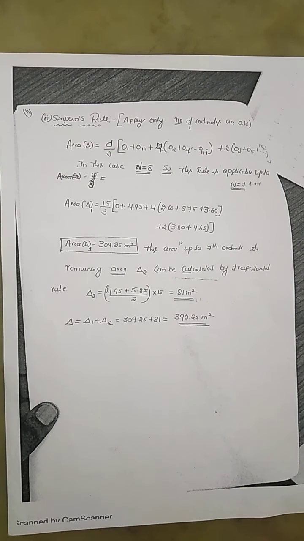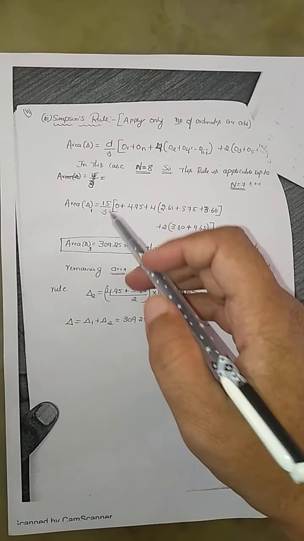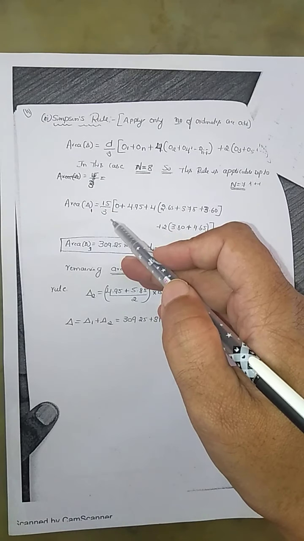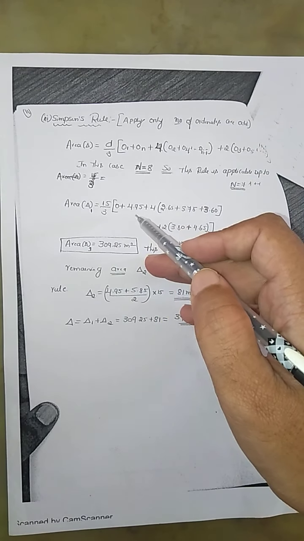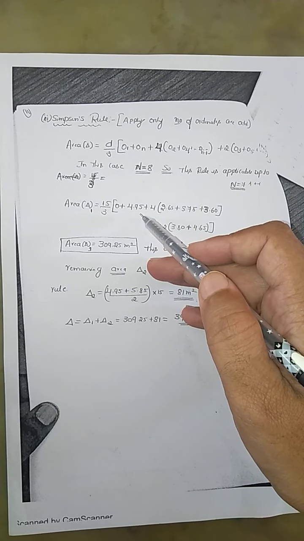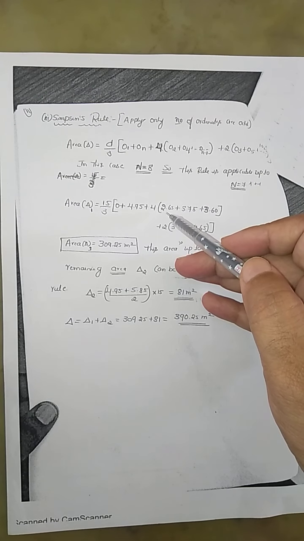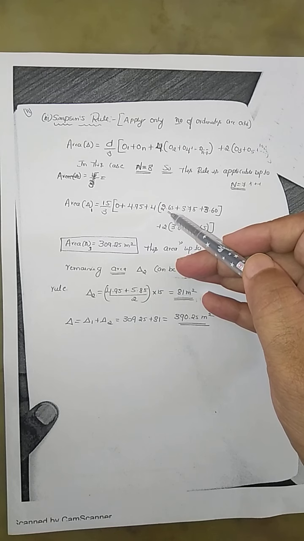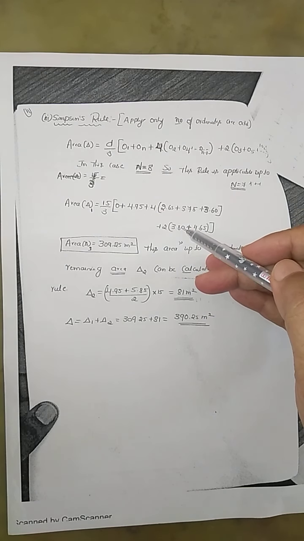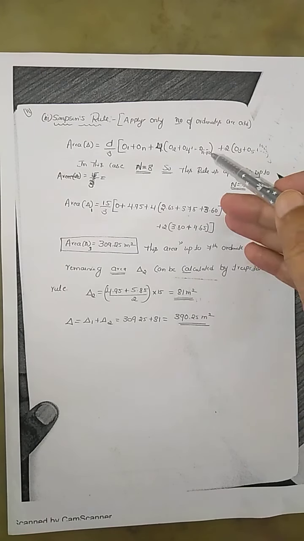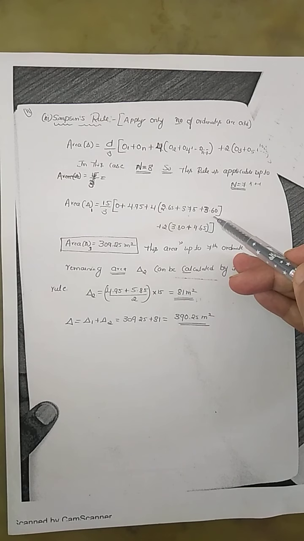Again you will be using the formulas. Here D by 3, where D stands for 15, O1 stands for 0, On stands for 4.95. Then 4 into 2.65, that is O2, then O4 stands for 3.75, On minus 1 stands for 3.6.